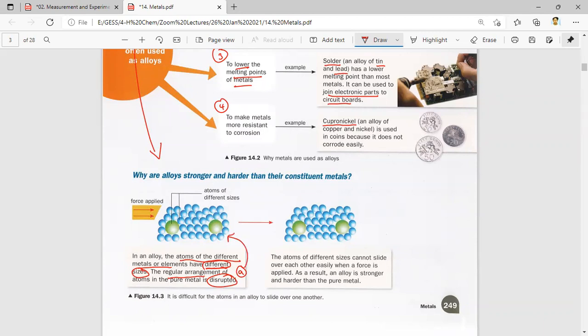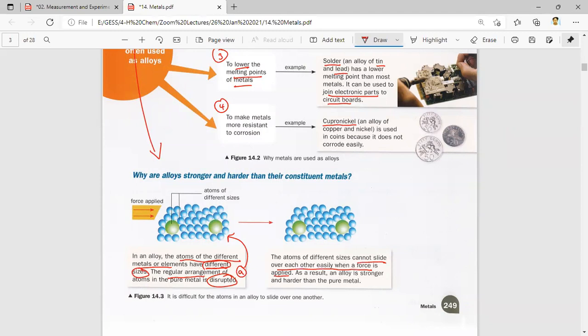Since they're not arranged regularly, what happens now? If I apply a force, will atoms slide over one another easily? The answer is no. Because they are of different sizes, the arrangement is disrupted, so they cannot slide over one another easily when force is applied.